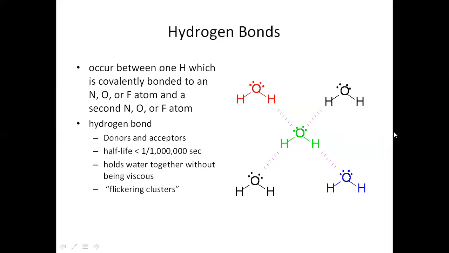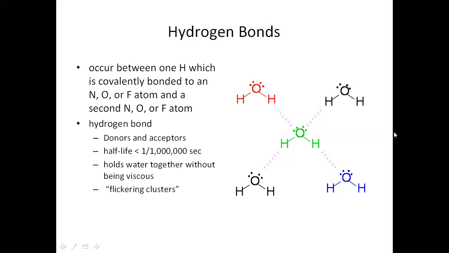The green molecule at the center of the figure is a hydrogen bond donor to the blue water molecule. At the same time, it is a hydrogen bond acceptor from the red molecule. Because water has 2 lone pairs of electrons, it can accept 2 hydrogen bonds, and because it has 2 hydrogen atoms, it can donate 2 hydrogen bonds.